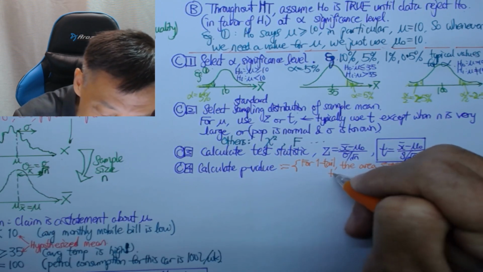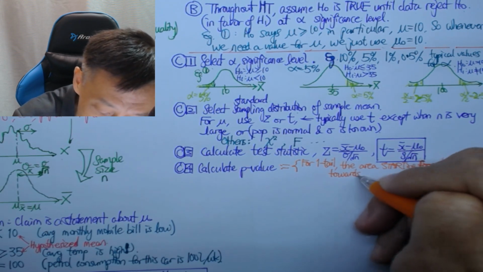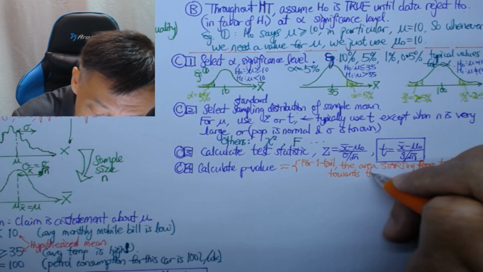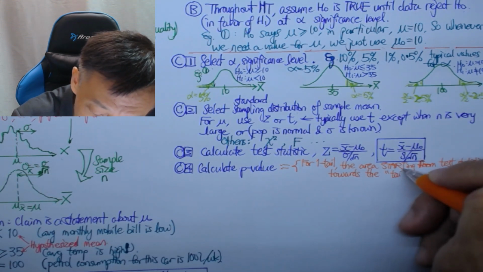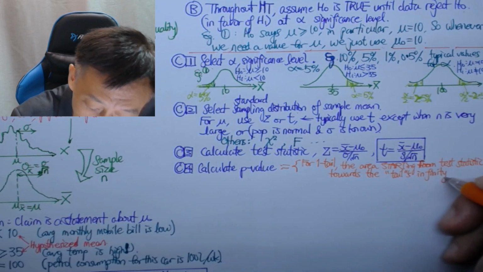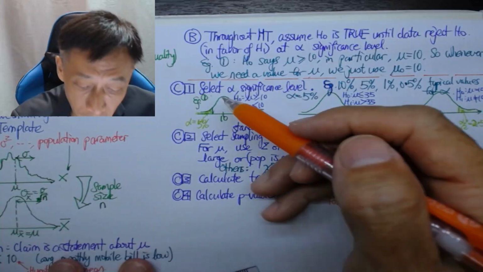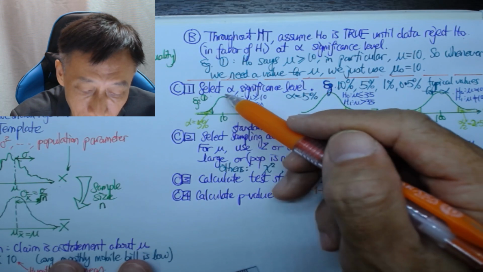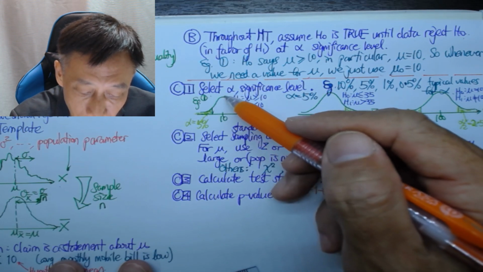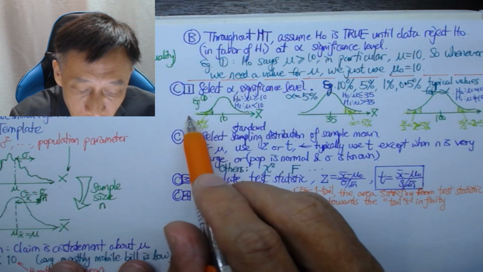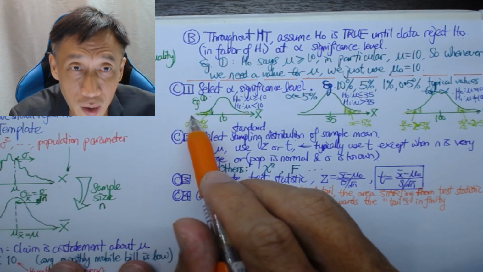towards the tail's infinity. So if the test statistic lands here in the white area, then the p-value is the region starting from the test statistic, shading all the way towards infinity, towards the tail area, like that.